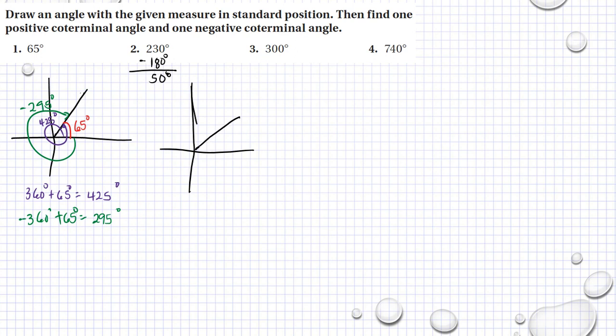There you go. Then we have 50 degrees. Sorry, it is wrong, very wrong. It should be on the 3rd quadrant. So this is 50 degrees. It looks like 60, but it should be 50.